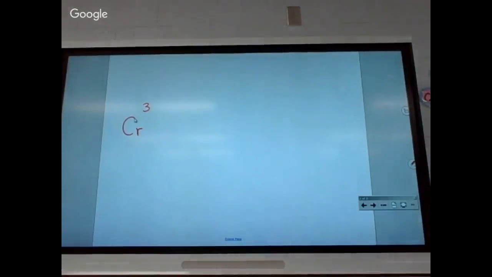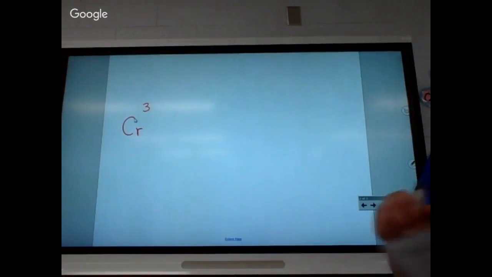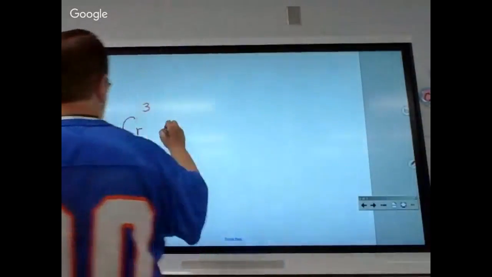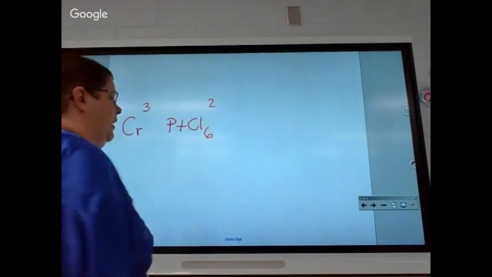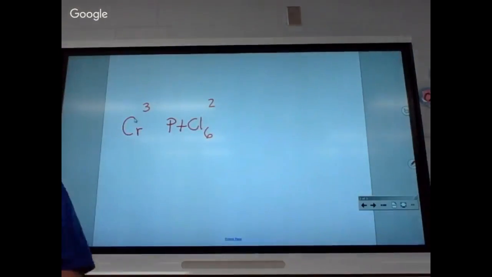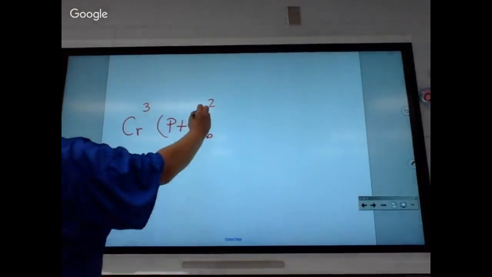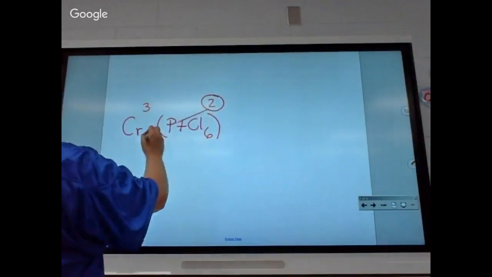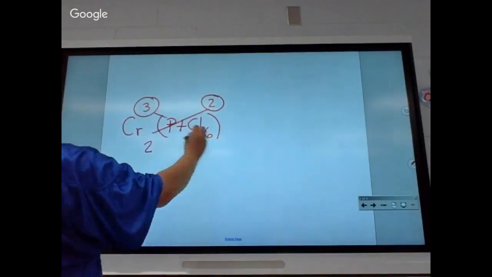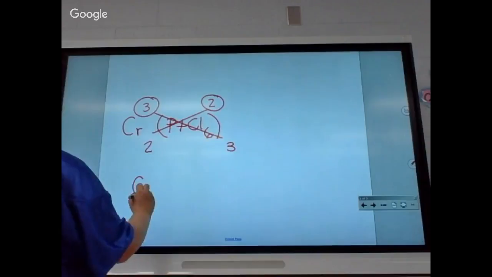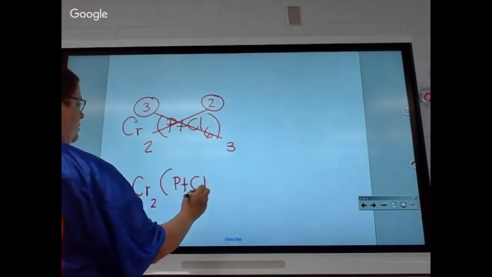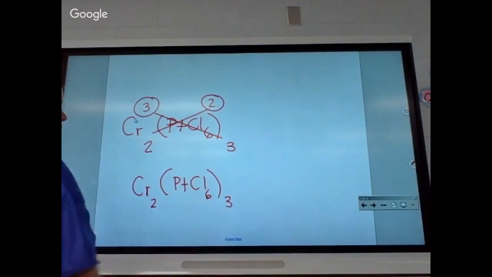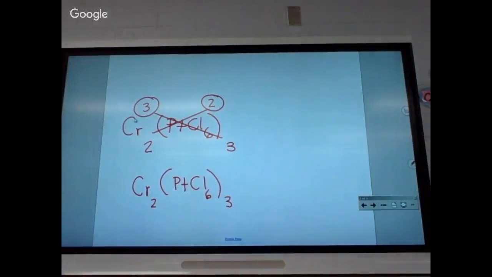So when you look it up, it's at the very bottom of your blue sheet. Hexachloroplatinate is PtCl6. It has an oxidation number of -2, so put it in parentheses. The 2 is coming over here, and the 3 is going over there. So you end up with Cr2(PtCl6)3, like that. Does that make sense?